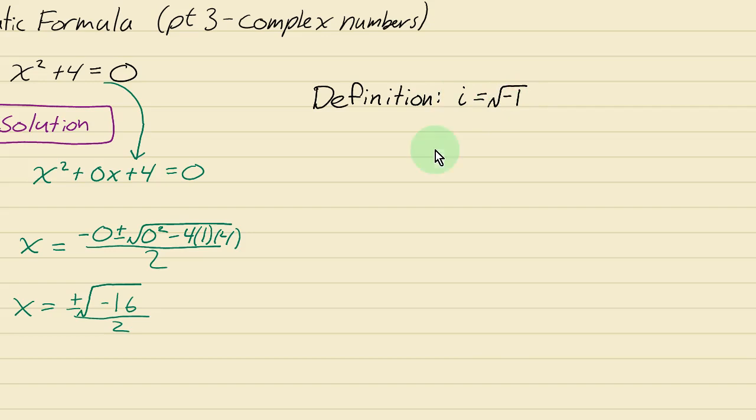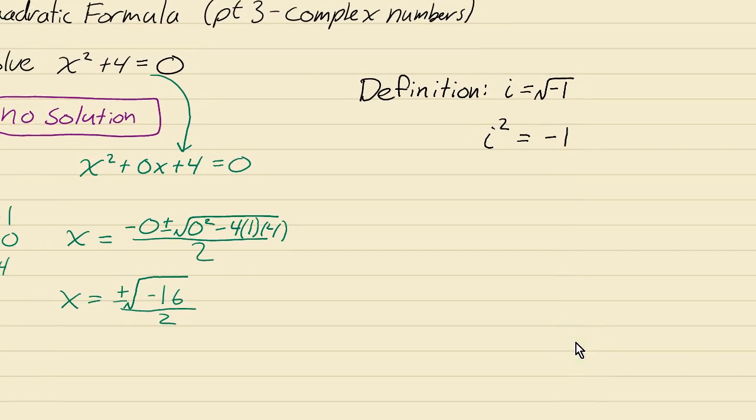But what we will say is that if you take i and square it, what you get is negative 1. And if we use that, we can actually simplify this and write it as plus or minus the square root of negative 1 times the square root of 16, because negative 1 times 16 is negative 16, and then divide that by 2.